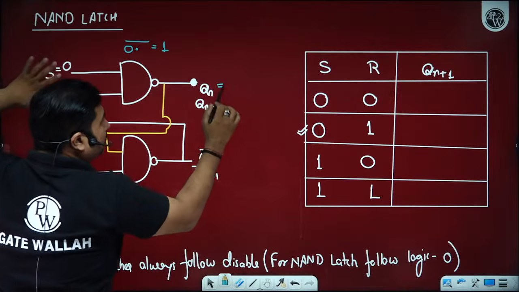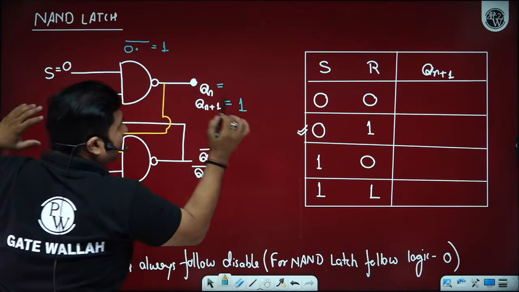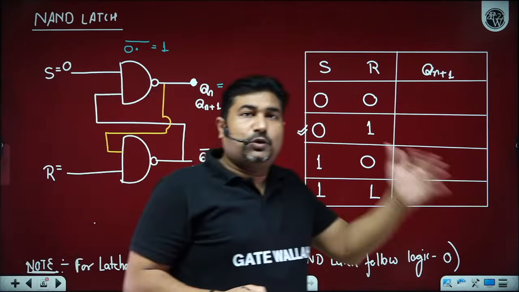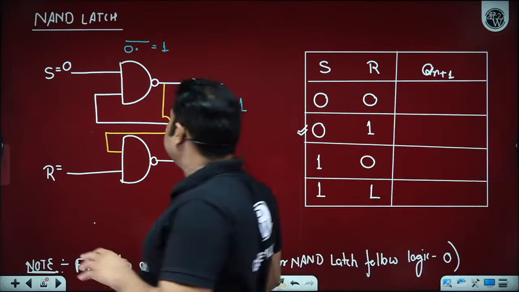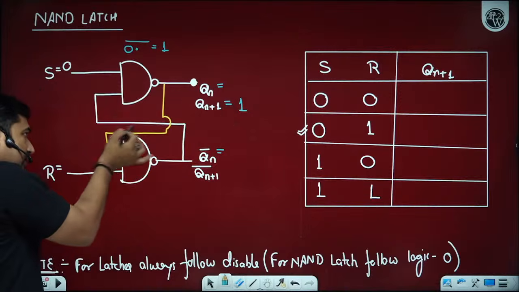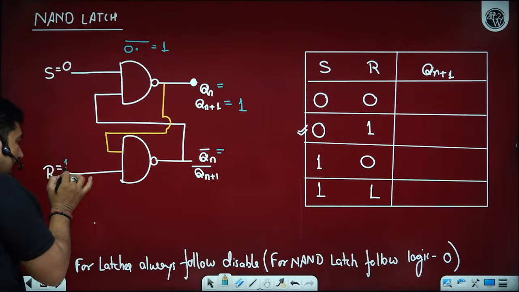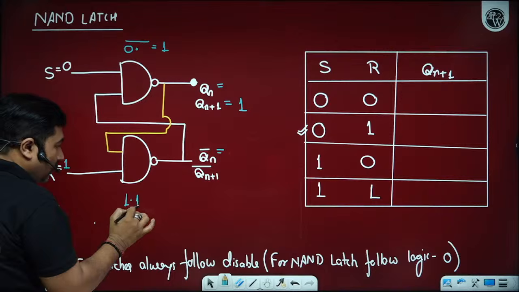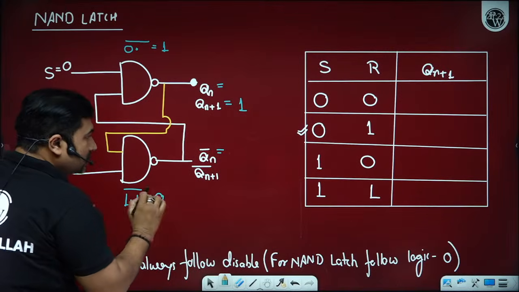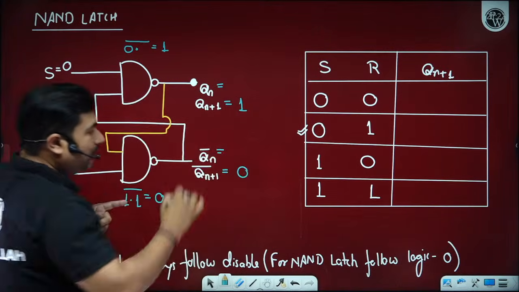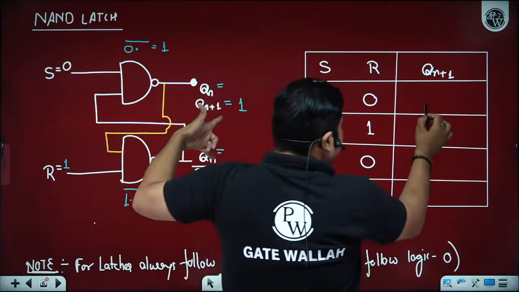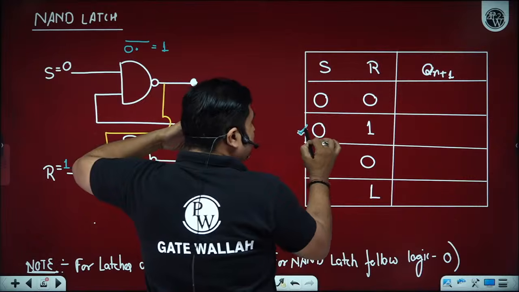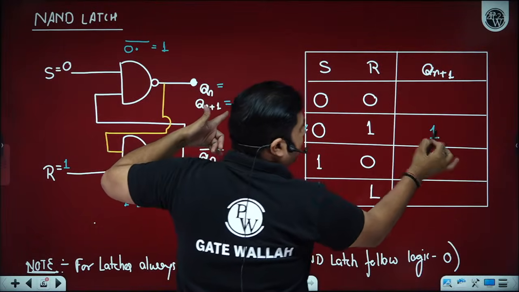So one thing is clear, that the next state Qn plus 1 is going to be 1 only. Since it stabilizes as 1, this 1 will come here and R is also 1. So 1 into 1, its complement is 0. So now we also know that Qn plus 1 complement is going to be 0. So if S is 0 and R is 1, we are getting Qn plus 1 as 1.